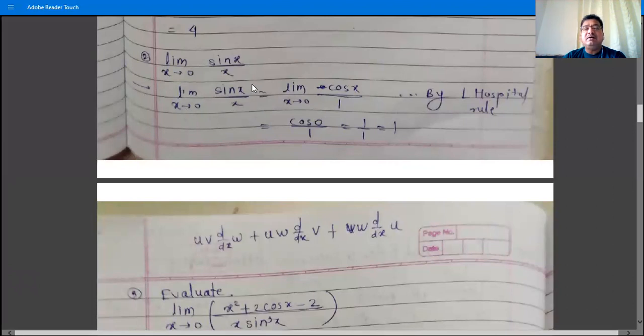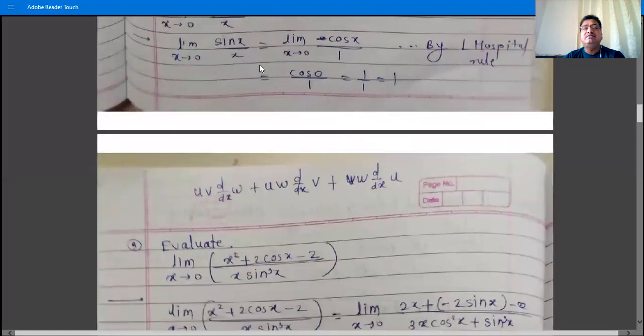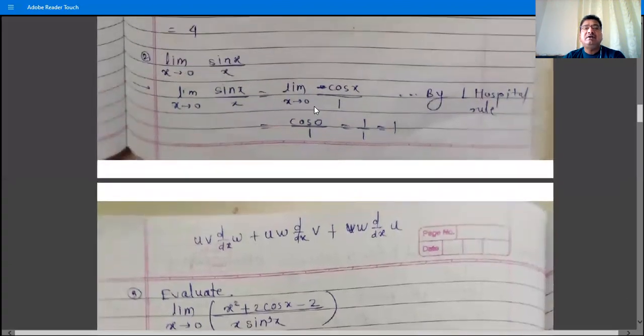Limit of f(x)/g(x) is equal to limit of f'(x)/g'(x). And what is cos 0 now? Substitute x as 0, so cos 0 by 1, and cos 0 is 1, so 1 by 1, the answer is 1. So it is a very short method by which we can solve this problem.